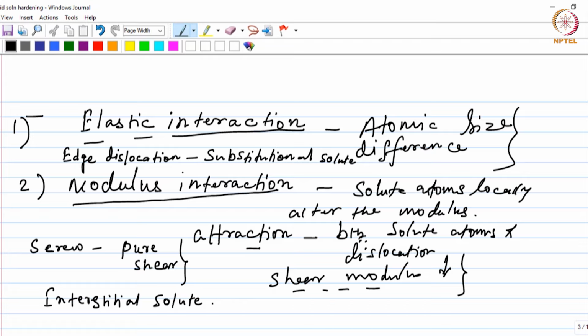So interstitial solutes can interact with both edge as well as screw dislocations.